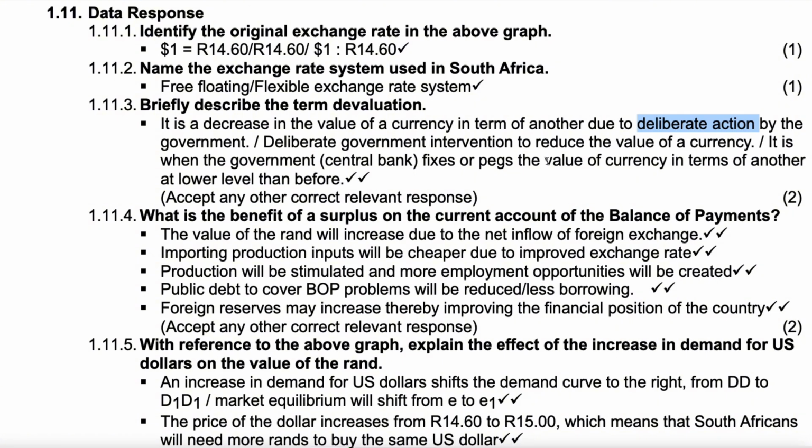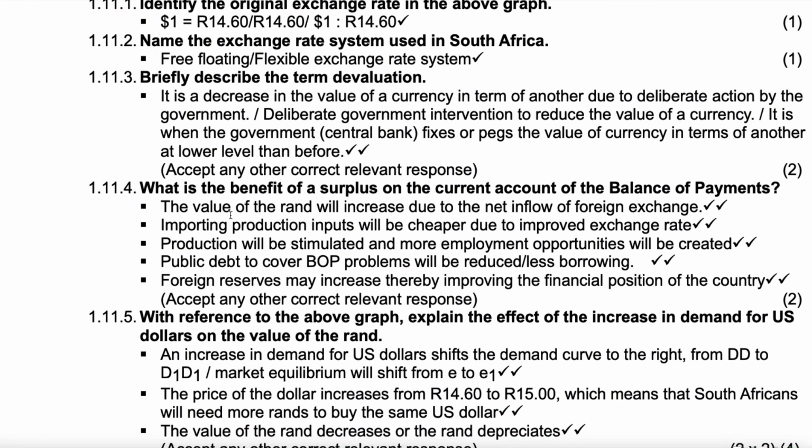Another way of saying it, deliberate government intervention, to reduce the value of a currency. Or it is when government or central bank fixes or pegs the value of a currency in terms of another at a lower rate than before.